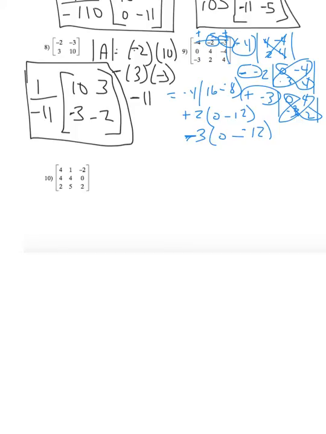So 16, up here at the top, 16 plus 8 will be 24. So I've got -4 times 24 plus 2 times -12 minus 3 times 12. Excuse me, so I've got -96 minus 24 minus 36. So we got -156. Okay, there's the determinant.